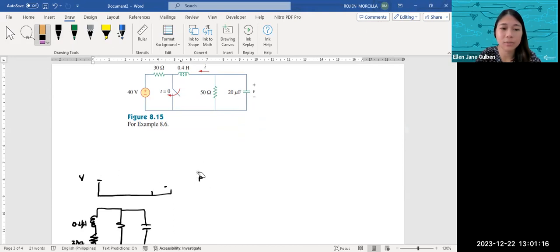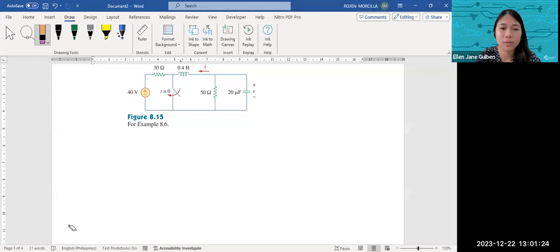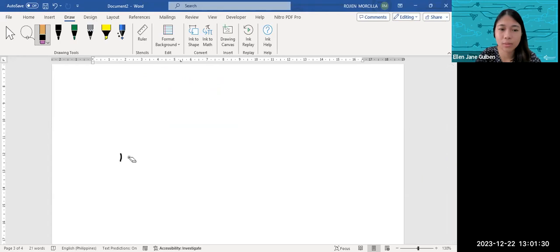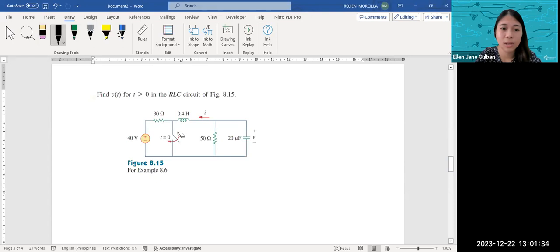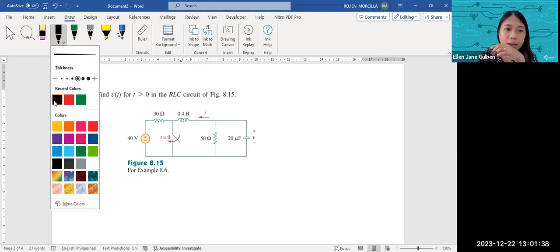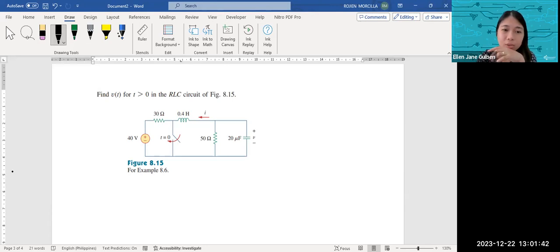Let's erase it. Okay, let's do the problem. Okay, find V of t. So we will just need to know the initial conditions of this.